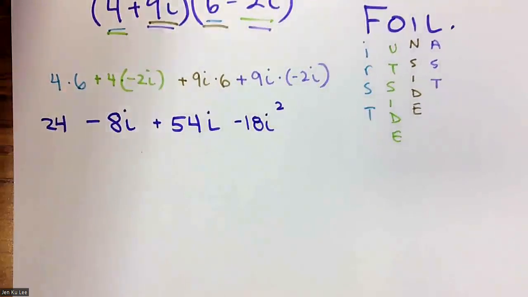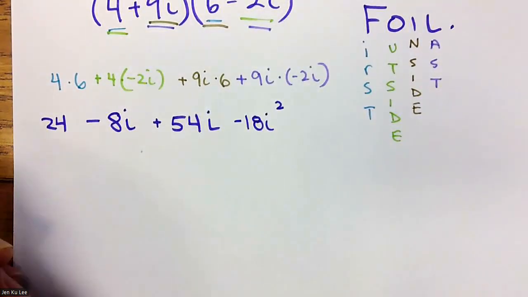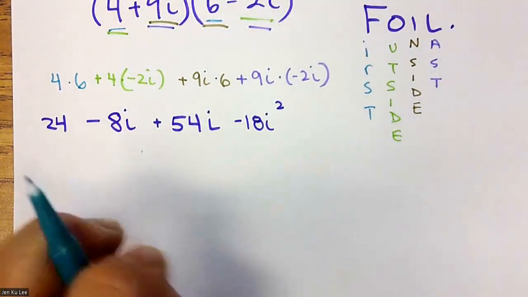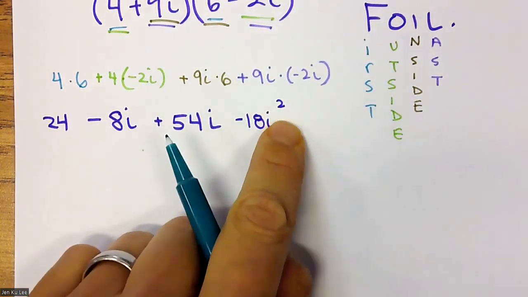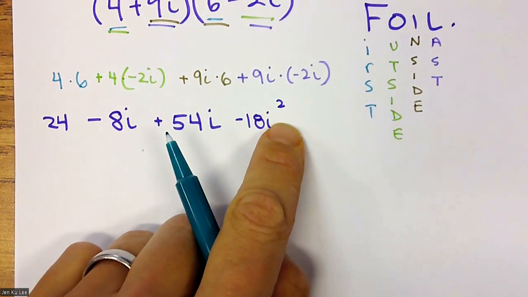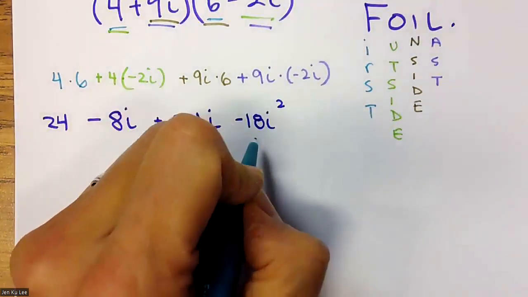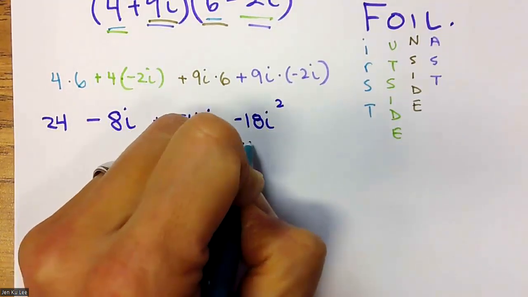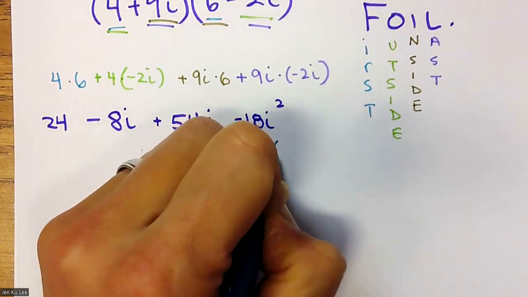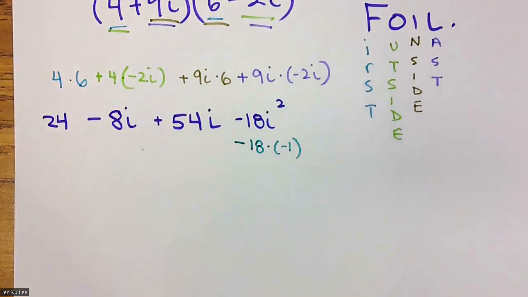And now we're just going to gather the like terms. Okay? But before we gather the like terms, what is i squared? What is i squared equal to? Negative 1. So if I simplify this out, it's negative 18 times negative 1, correct?